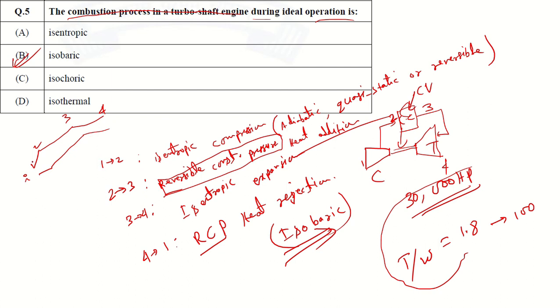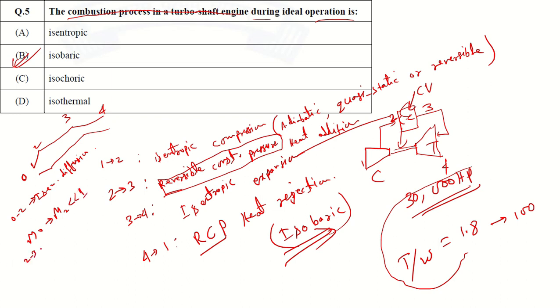So 0 to 2 is isentropic diffusion, where the Mach number from M0 to M2 is much less than 1.